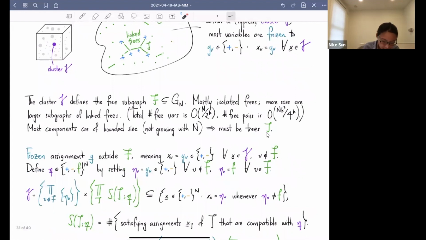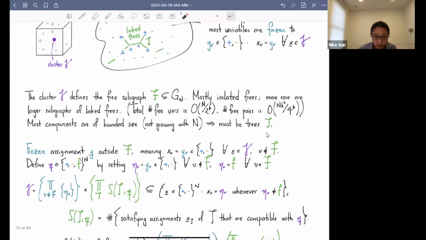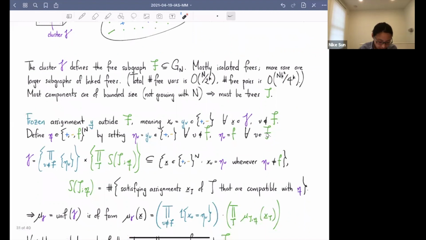Okay, so this means that gamma is not exactly a subcube, but it's not that much more complicated, because it's a product of these singletons and then these small sets. This also implies that the measure on gamma is not very complicated either. If mu gamma is the uniform measure on gamma, then for the frozen variables, it's fixed, so that's very simple.